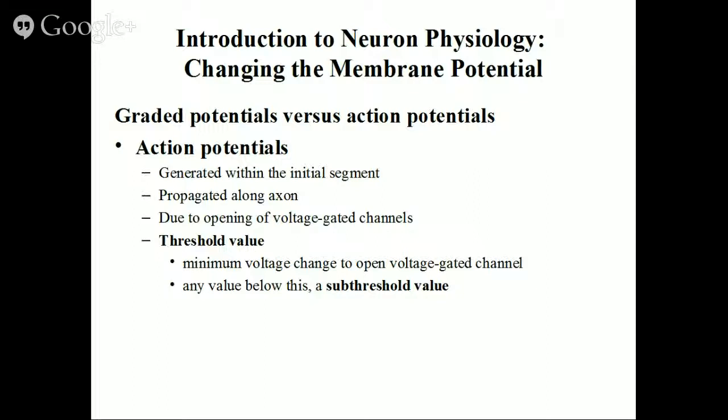In other words, it is supported in its process along the axon, and due to opening a voltage gated channel. So you can make an action potential if you can get the voltage gated channels on the axon to open, and that's the whole purpose of having a graded potential.